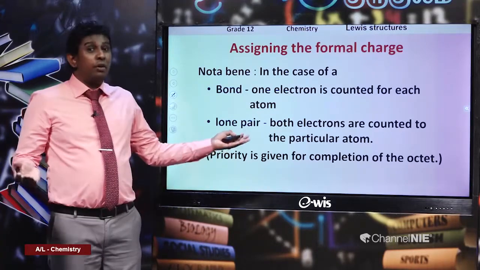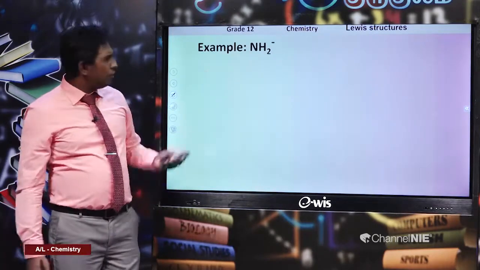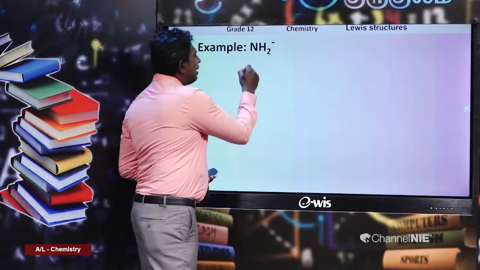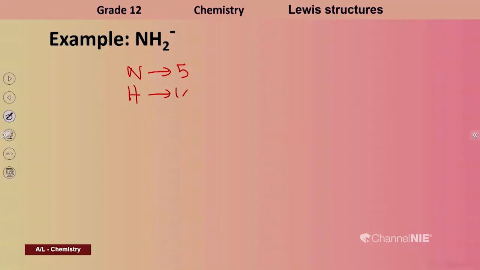But if it's a lone pair, you take the count as 2. Let me show you that. Nitrogen is giving 5 electrons, hydrogen is giving 1 electron into 2 is 2 electrons, and the charge of -1 gives 1 electron, so the total is 8 electrons, and the number of pairs is 4.